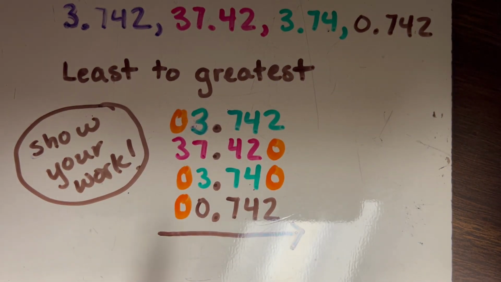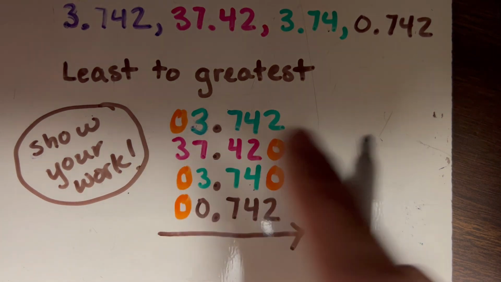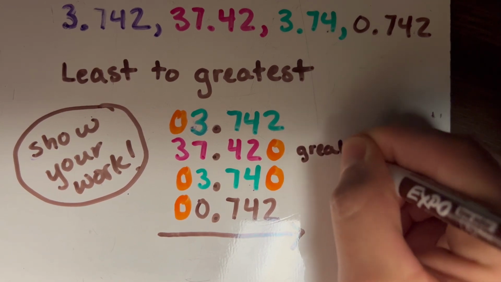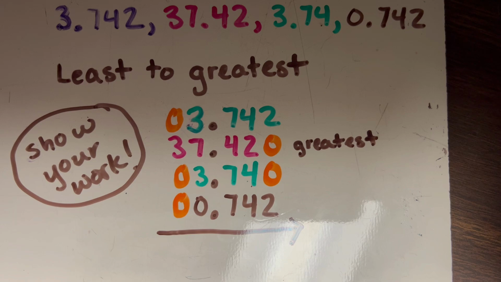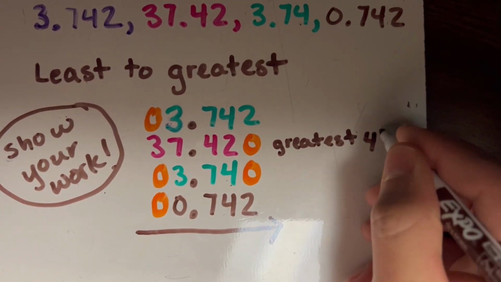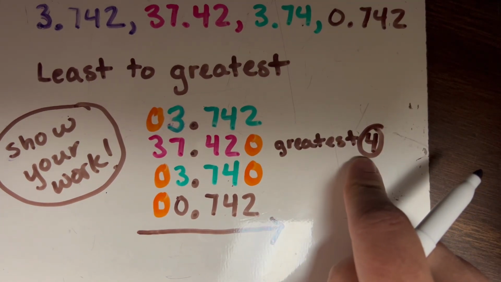And you might already say, hey, if I start over here, this one is the greatest one. So I'm going to put the word greatest next to this one, and because there are 4 numbers, I'm going to put a 4 here. This is the greatest. This is going to be the last one in my list, not the first one.